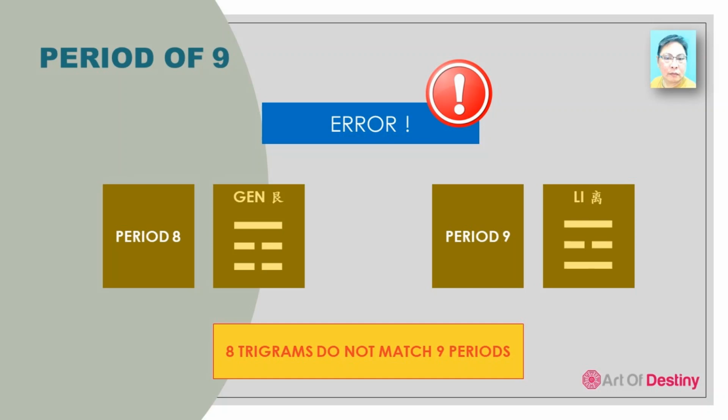Now what I'm trying to tell you here is this: there are only 8 trigrams, and I've shared with you there are 9 periods. You don't need to be a mathematical genius to know that 8 never equals 9, right? So there will be one period that has no trigram. So what are they going to tell you during that period? That period is period number 5.